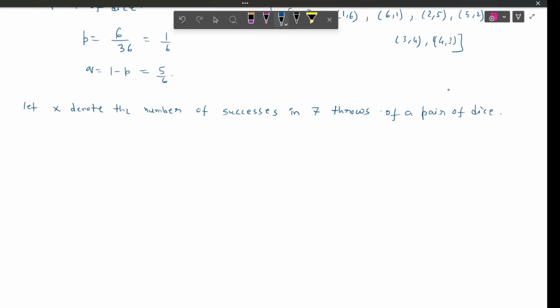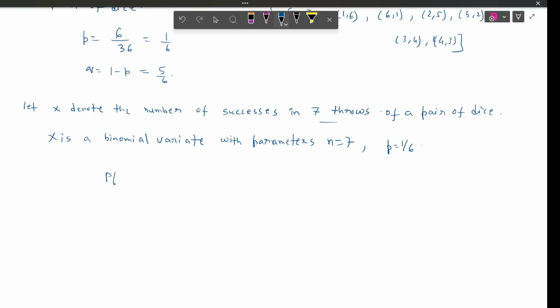Okay. Now here X is a binomial variate with parameters n is 7, because we have thrown it 7 times, and P is 1 by 6.